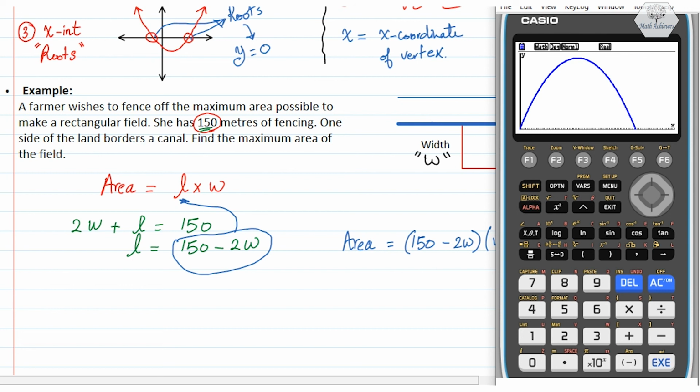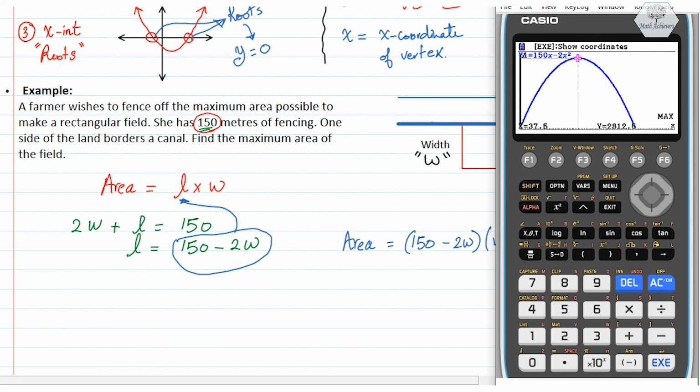In order to find the maximum area, I want to find the Y coordinate of the vertex. So I go to Shift, G solve, and I press F2, which is the max. The maximum point gives me that the X value of the maximum point is 37.5, which means this is the width that will give me the maximum area.